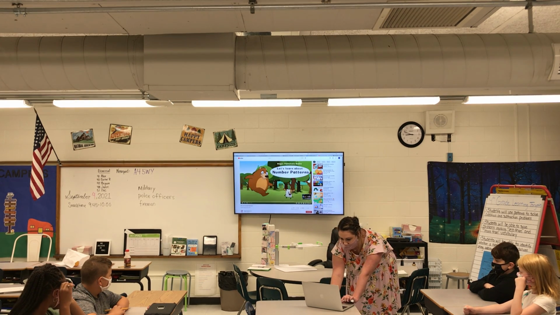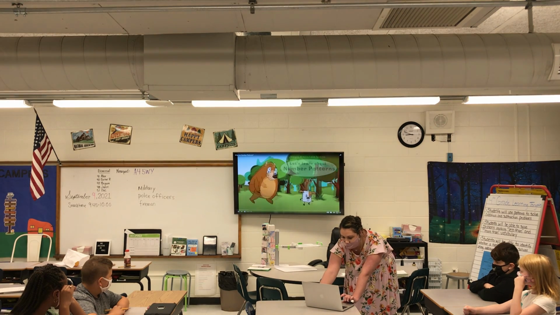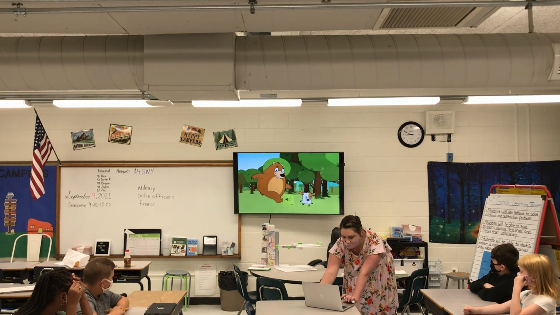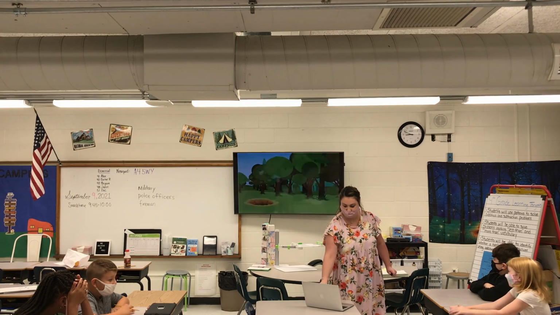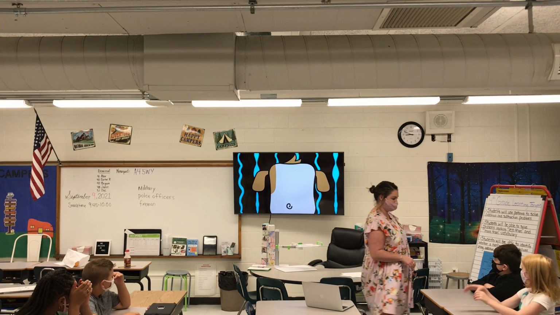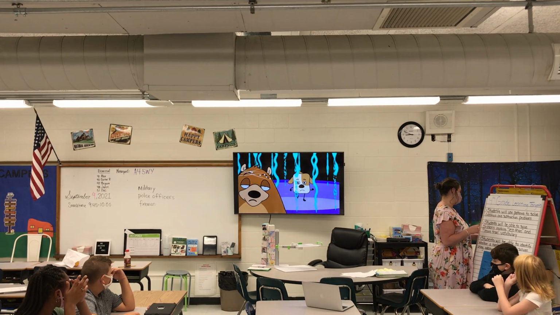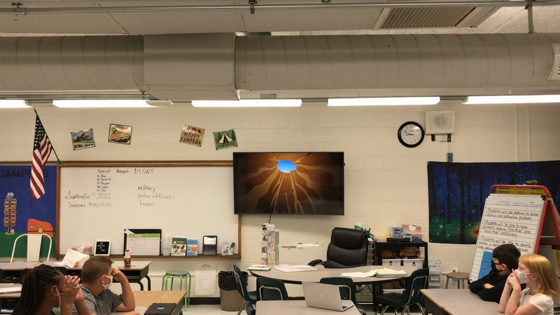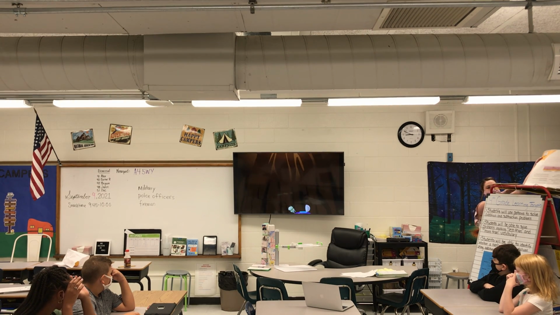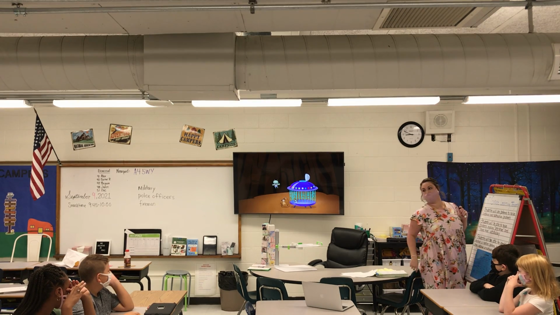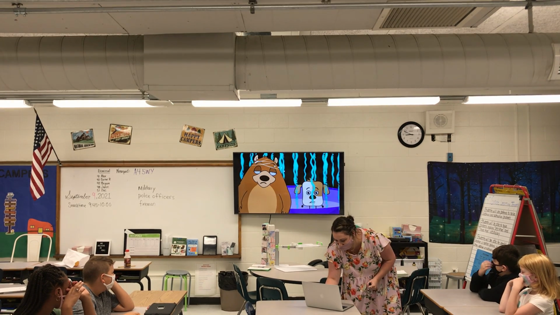Let's learn about number patterns. Dog looks like a marshmallow. Why is the dog like a marshmallow? Real loud.